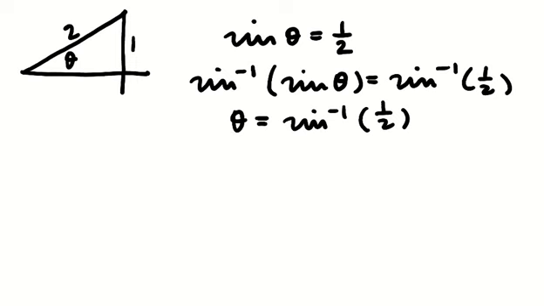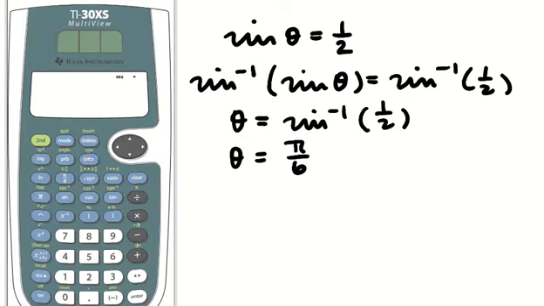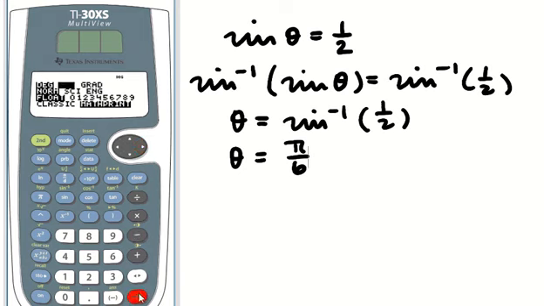Okay, now we know that 30 degrees is probably better said as pi over 6. And sure enough, if you go into your scientific calculator, you need it in radian mode, I suppose, and you do inverse sine of 1/2, inverse sine of 0.5, you're going to get 0.52359.